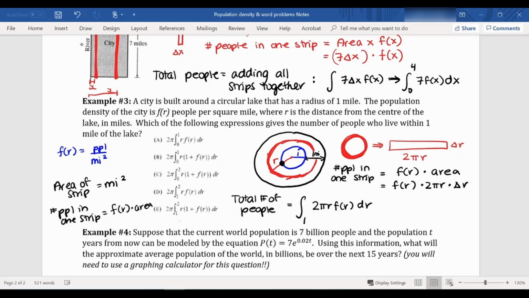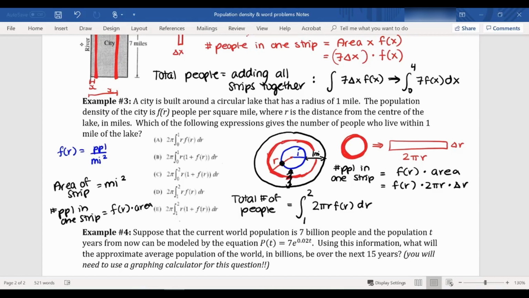And because our total distance from the middle of the lake to the outside of the city is 2 miles, we're going to keep going up to 2 miles. So we're not filling in the blue spot in the middle because that's our lake. We're trying to fill in from the lake outwards, this whole area here with people all around the outside. We don't see the 2 pi in the answer because it's out front of everything.